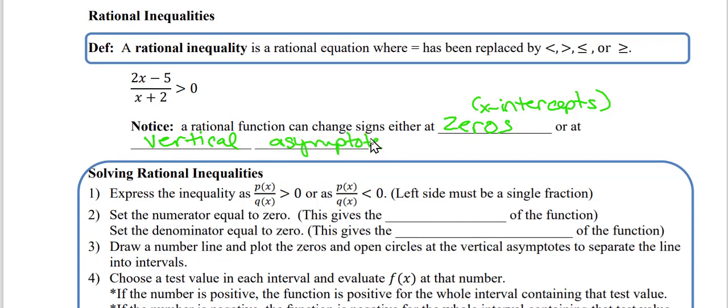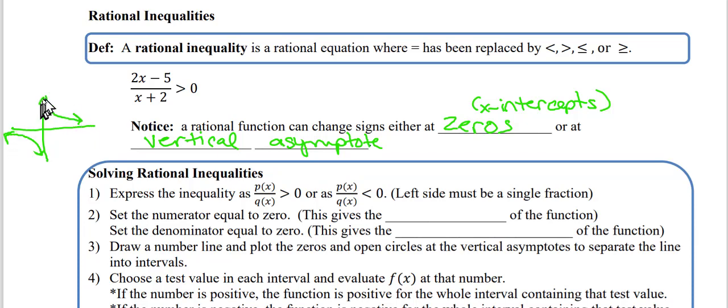Remember, rational functions have vertical asymptotes. Polynomials do not, because they are nice and continuous. They're a nice smooth curve. But a rational function may have a jump where you have to pick up your pen at that vertical asymptote. It's not continuous. So what may happen is you might have something like this function.